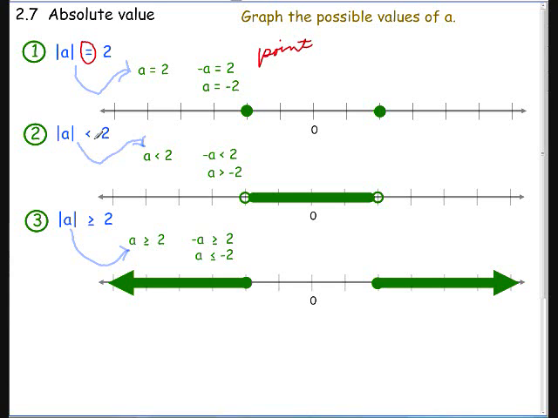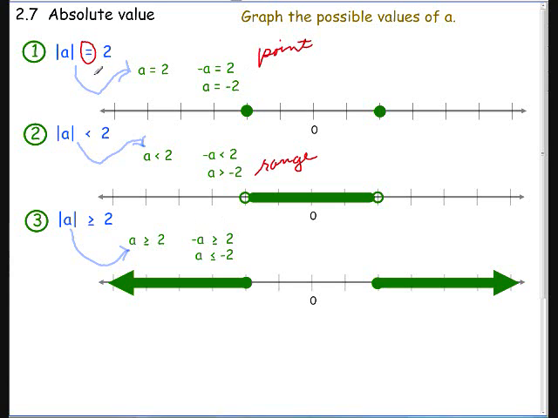In this one, we're going to deal with inequalities. So we're going to deal with a range. We have the same situation with a boundary at -2 and a boundary at +2, and it'll be the distance between them. So we have a range of solutions here.